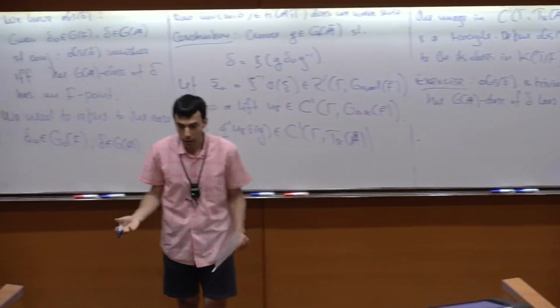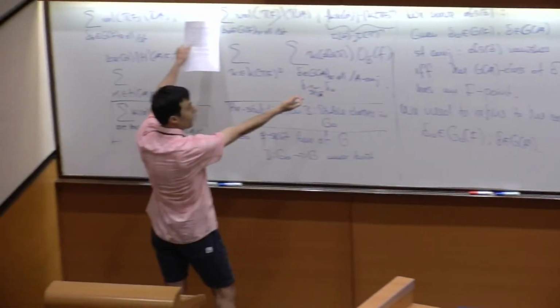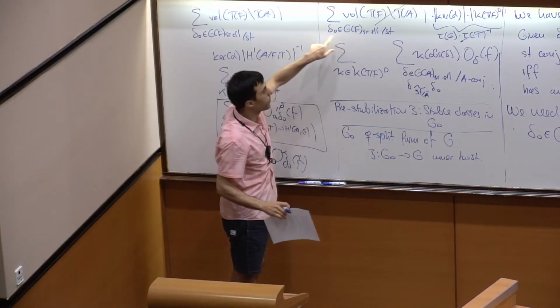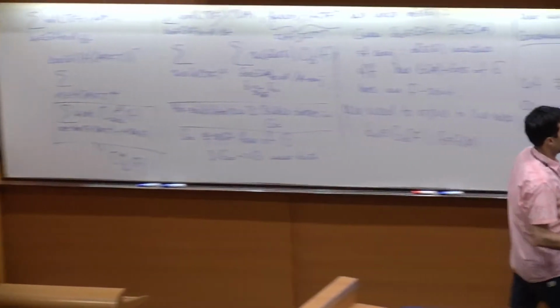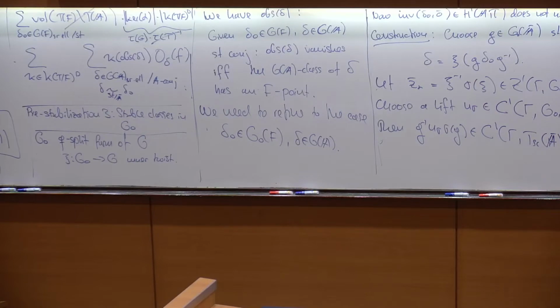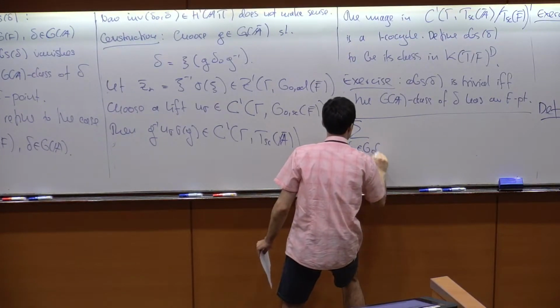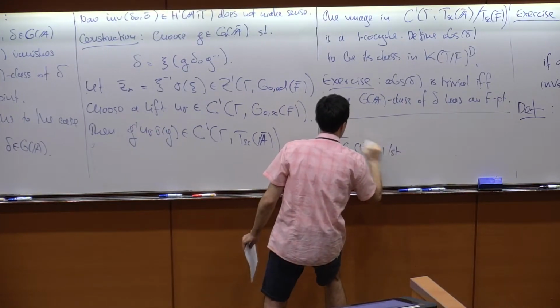Okay. And so now we just take this as it is, and we can replace delta 0 going over G with delta 0 going over G0, and that's the end of pre-stabilization. So what we now have is the sum over delta 0 in G0(F), strongly regular elliptic over stable conjugacy.